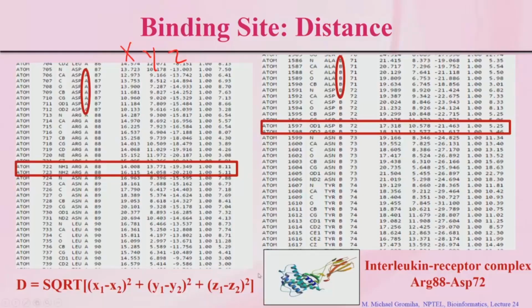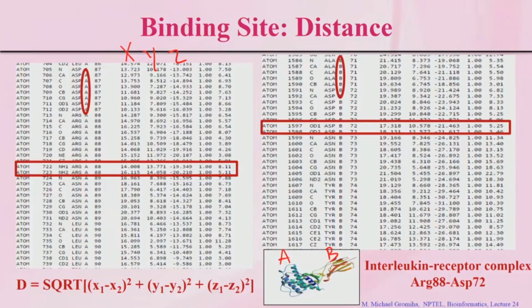Here, if you see this complex, an interleukin receptor complex, you have the coordinates here for chain A and the coordinates for chain B. Now, take the atoms of any residue and calculate the distance with any of the heavy atoms in the second chain and set the distance cutoff, for example 5 angstrom. If this distance is less than 5 angstrom, then you can say the residue in chain A and the residue in chain B are in contact and they are interacting with each other.